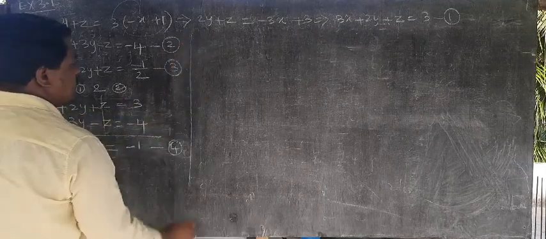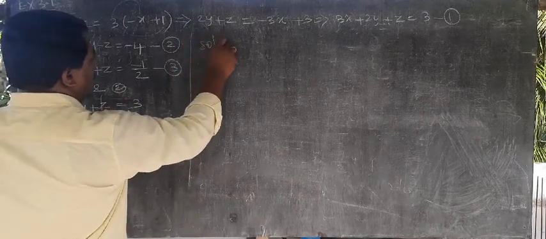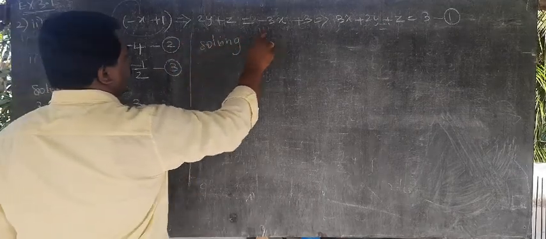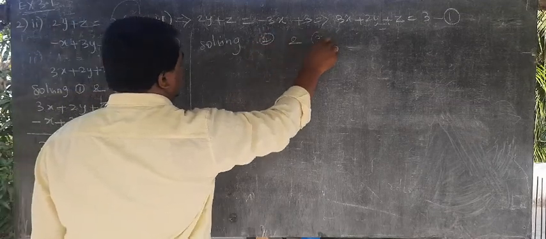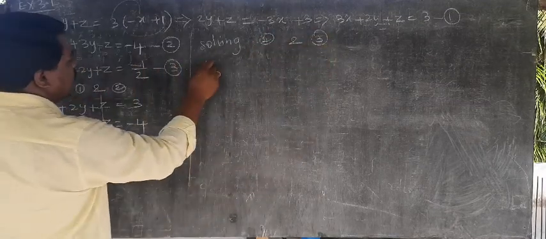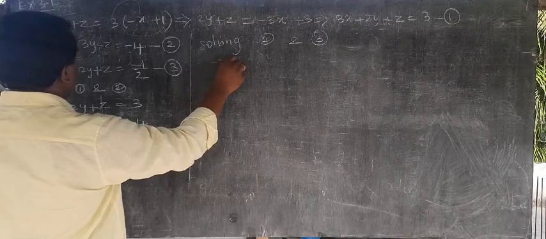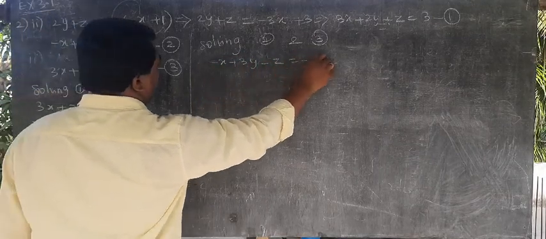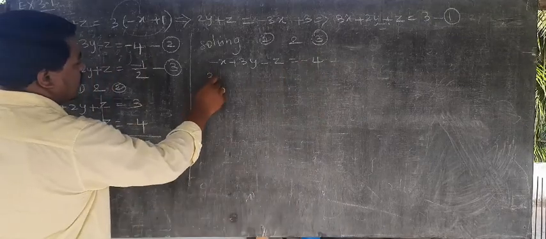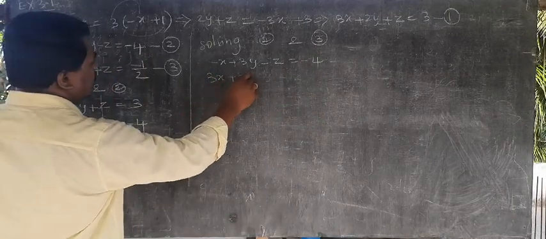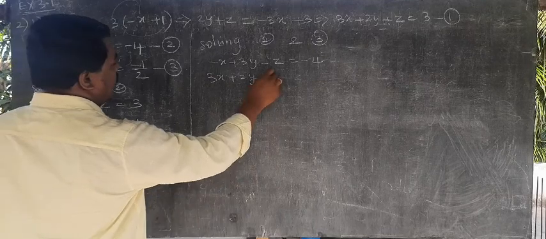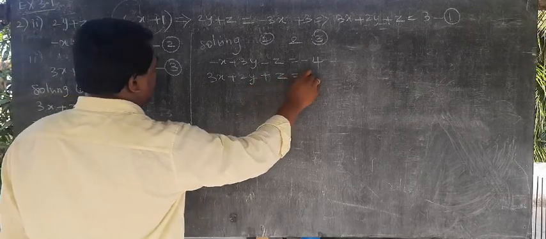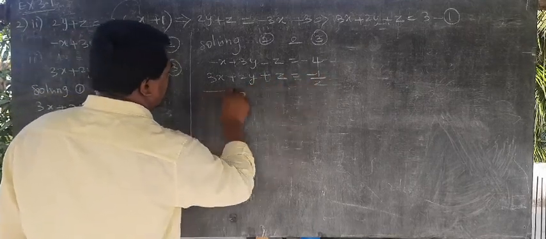So, solving 2 and 3: minus x plus 3y minus z equal to minus 4, 3x plus 2y plus z equal to minus 1 by 2.